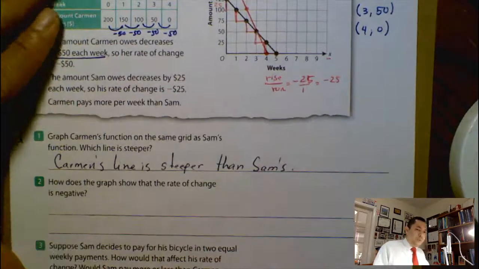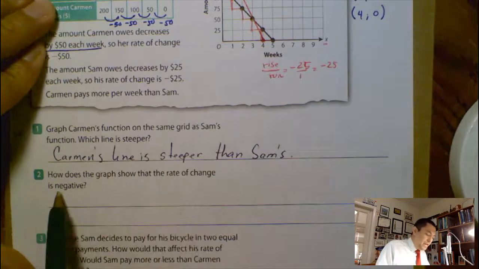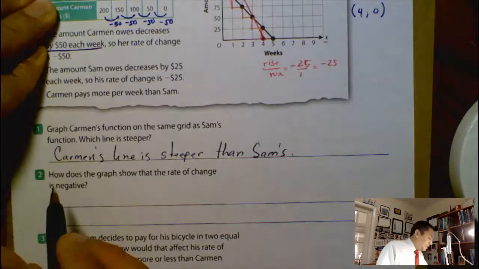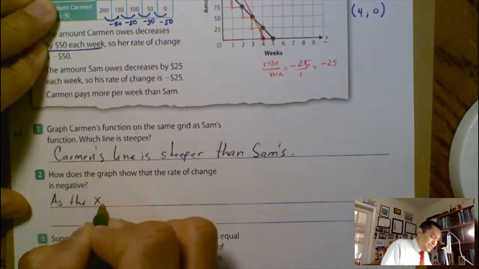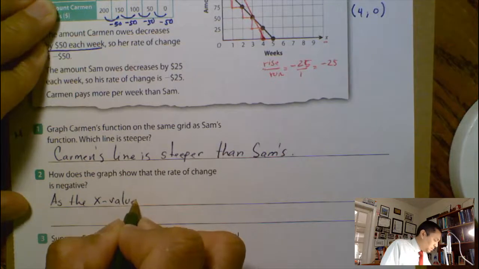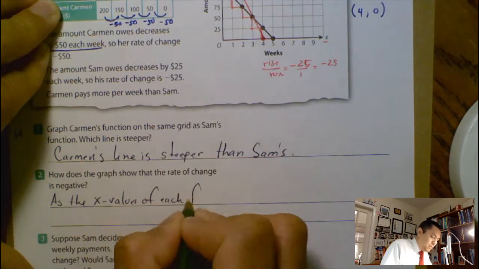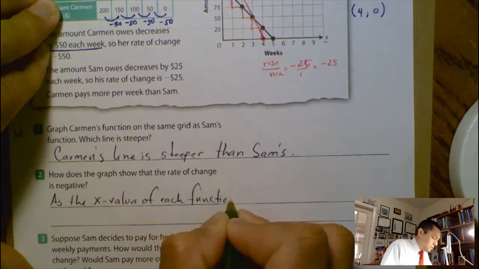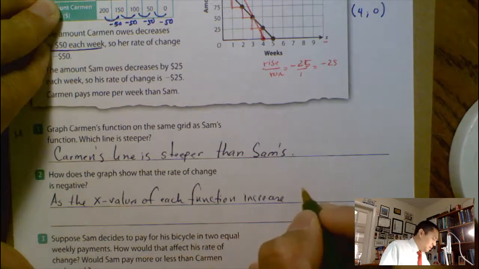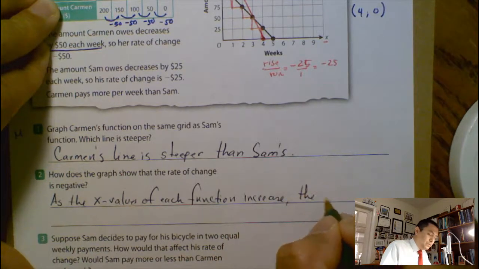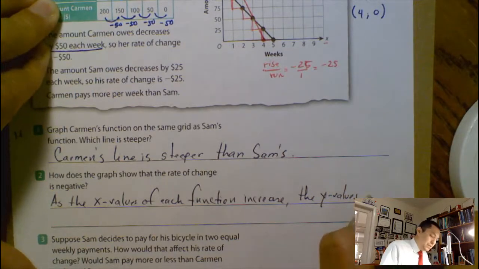Okay, number 2. How does the graph show that the rate of change is negative? In this case, you can say as the x values of each function increase, the y values decrease.